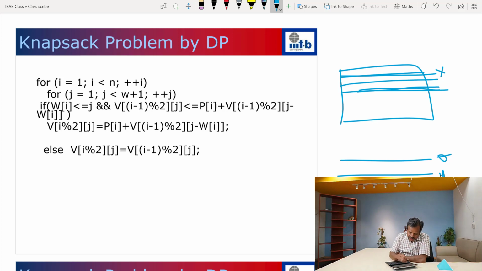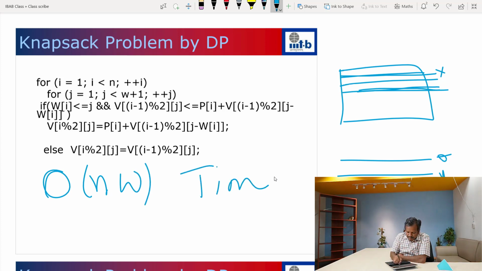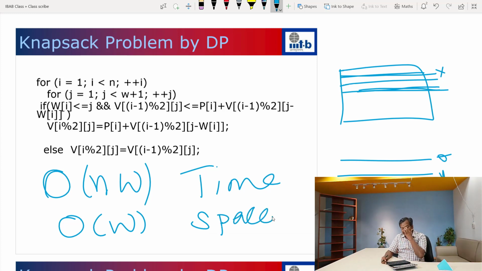If you implement this, the time complexity of the algorithm is again going to be order n into W. This is the time required. But since I am only using a small array here, the amount of space that I need is order W, which is independent of n.